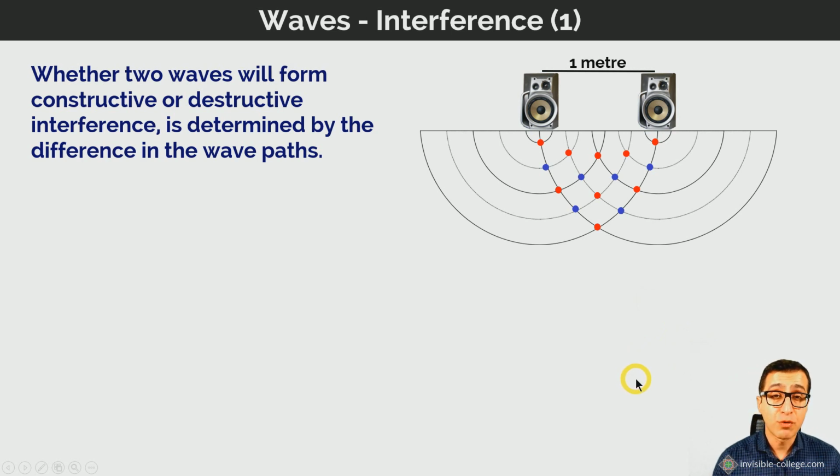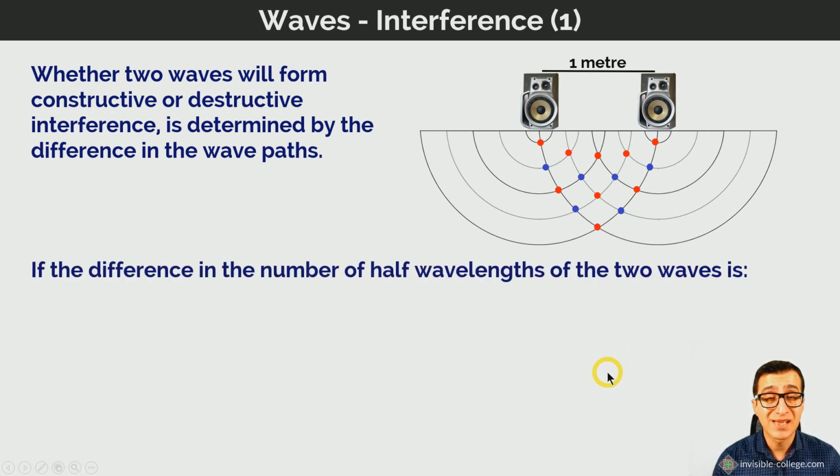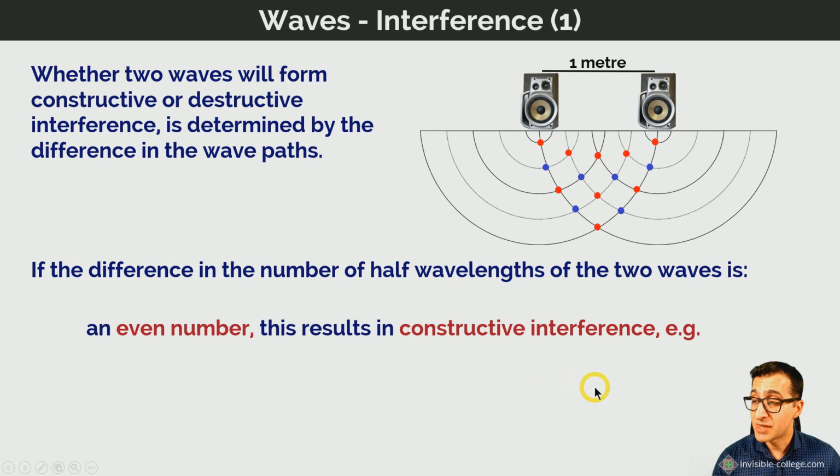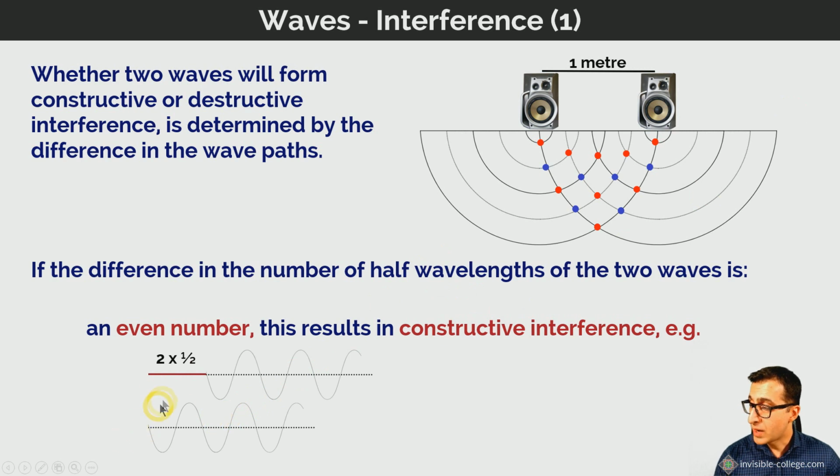So if the difference in the number of half wavelengths of the two waves is an even number, this results in constructive interference. For example, if we take two waves and put them out of phase with each other by an even number of half wavelengths, like this one here, this will result in constructive interference, because as we can see, a trough lines up with a trough on an adjacent wave, and a peak lines up with a peak.